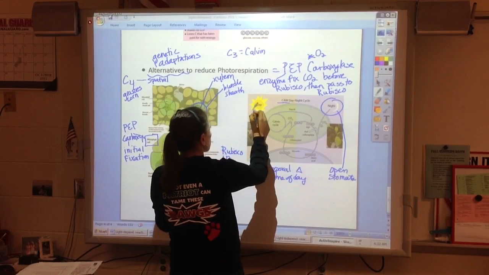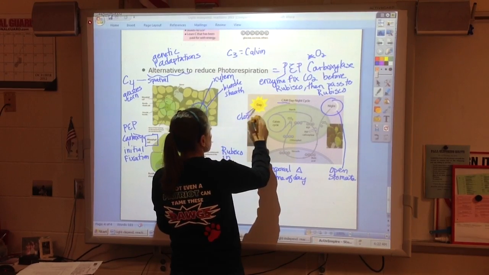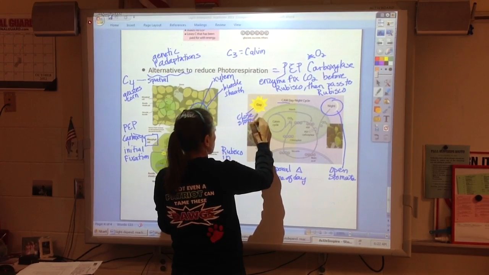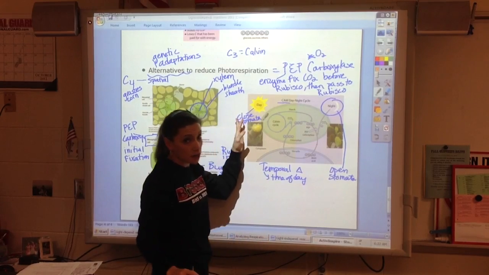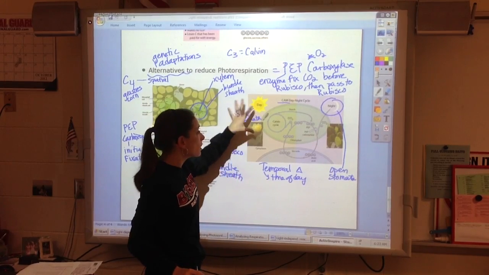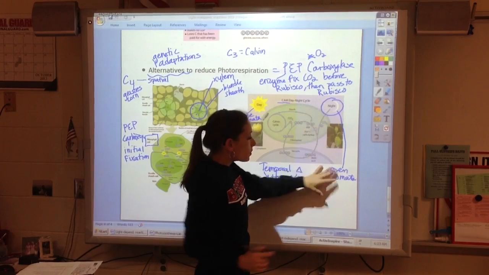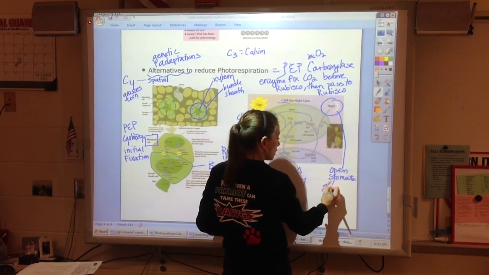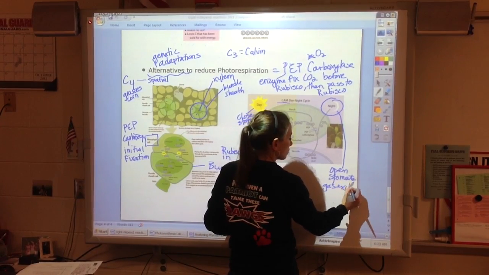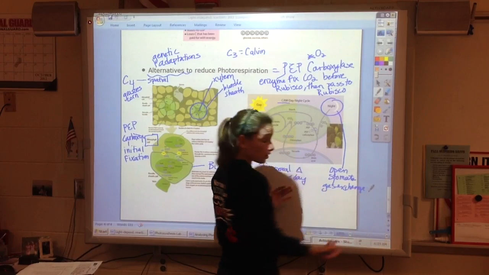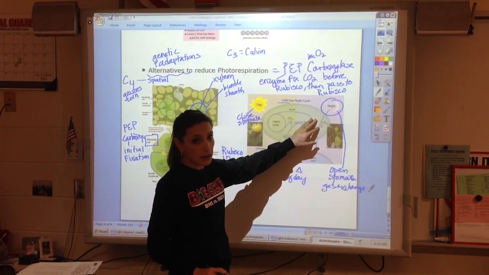During the day, we're going to close the stomata. Makes sense? When it's hotter and we could lose more water, we keep the stomata closed. At night, we open the stomata for gas exchange, and we don't lose as much water because it's cooler at night.